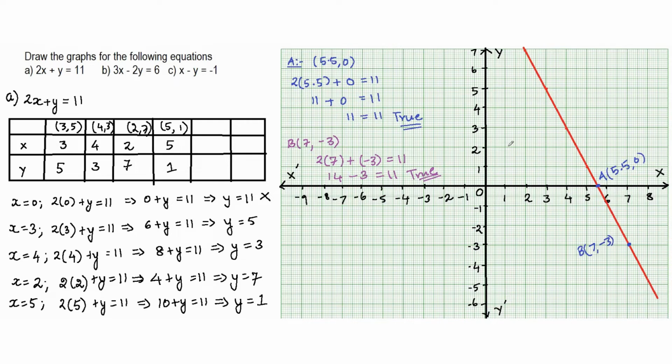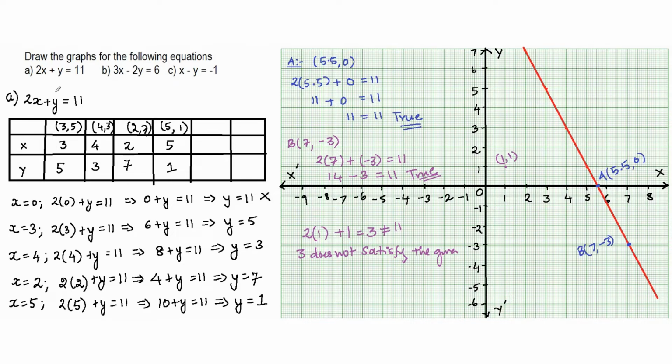Now if you pick some other random point, so 1, 1 does not lie on this particular line, right? And the reason for that is 1, 1 will not satisfy this particular equation. So let's try. So 2 times 1 plus 1 is actually equal to 3. And 3 does not satisfy the given equation. 3 equals 11. 3 is not equal to 11, right?